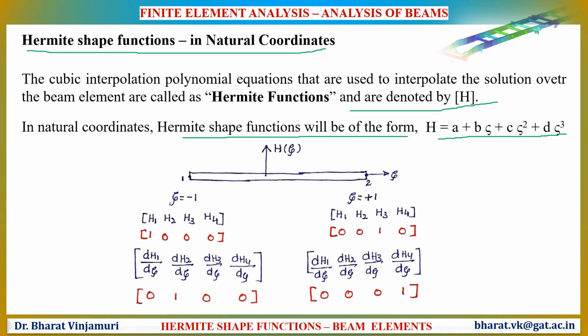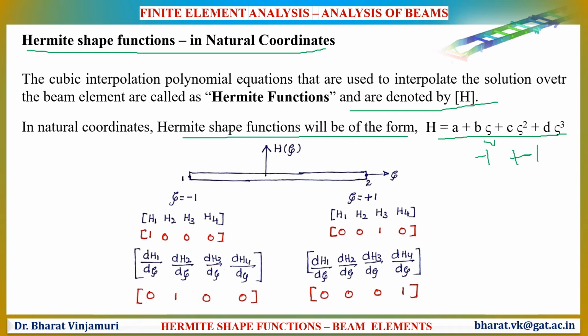Try to understand here. In natural coordinates, instead of x as a coordinate, we will be using the term zeta. Here zeta always varies between -1 to +1. That is what the natural coordinate system is.